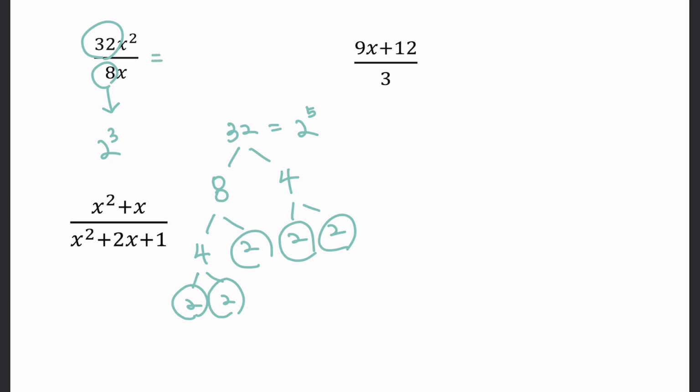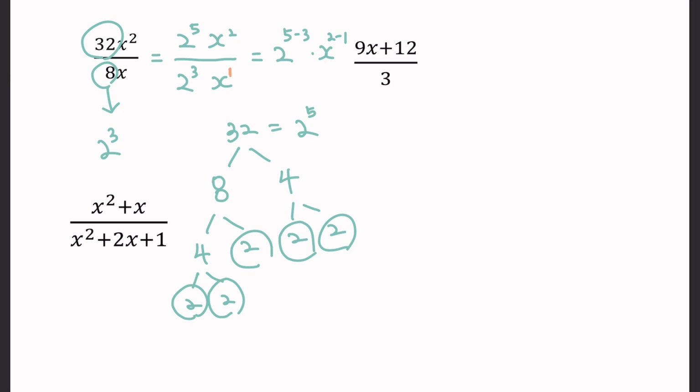So if I rewrite it as 2 to the 5 x squared over 2 cubed x, you can rewrite it as 2 to the 5 minus 3 times x to the 2 minus 1, because there is a hidden 1 right here.